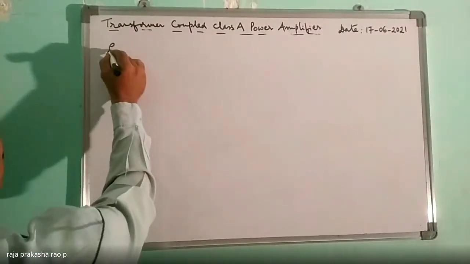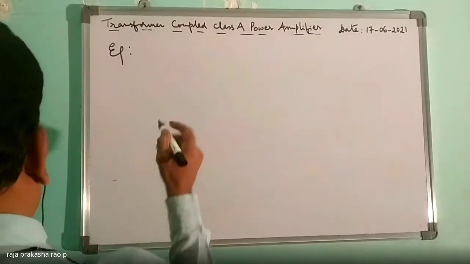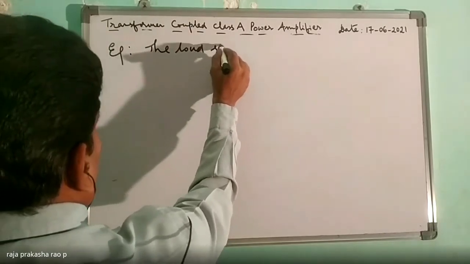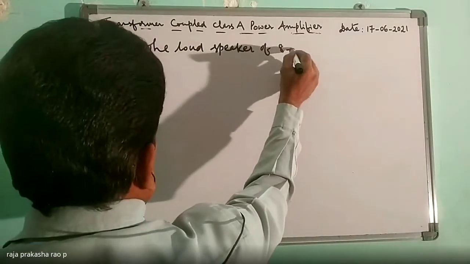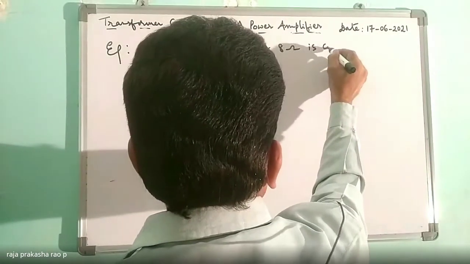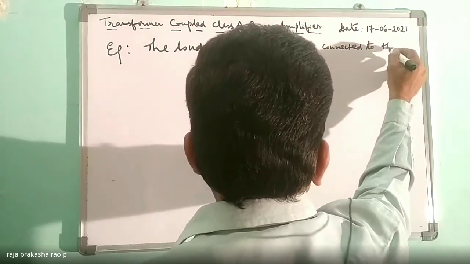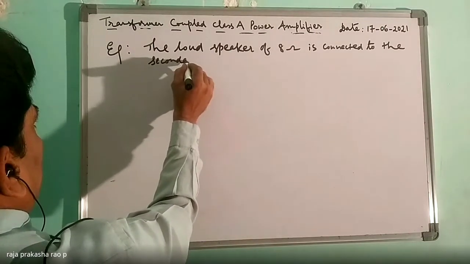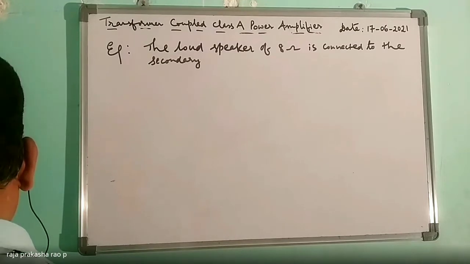Example: the load, the loudspeaker of 8 ohms is connected to the secondary of the output transformer.